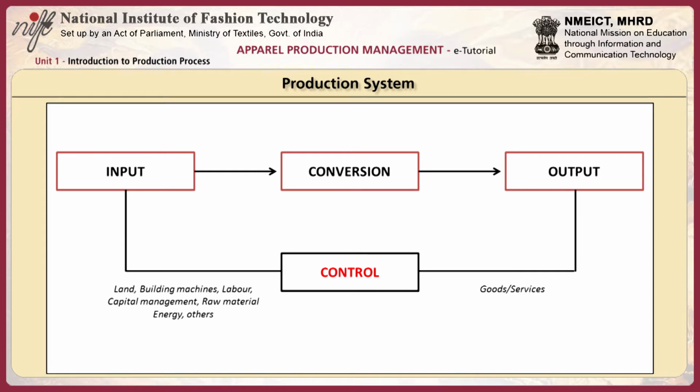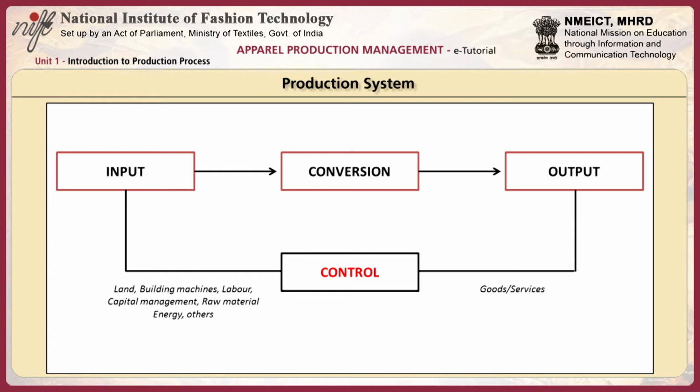Examples of input for a company include land, buildings, machines, labor, capital management, and raw material. Examples of output are goods and services.